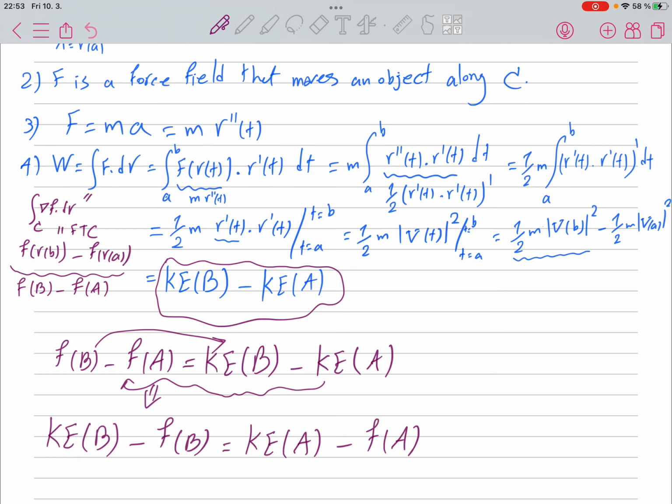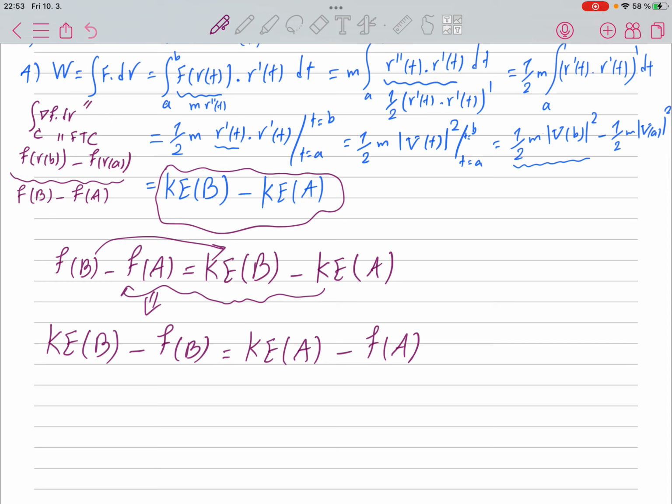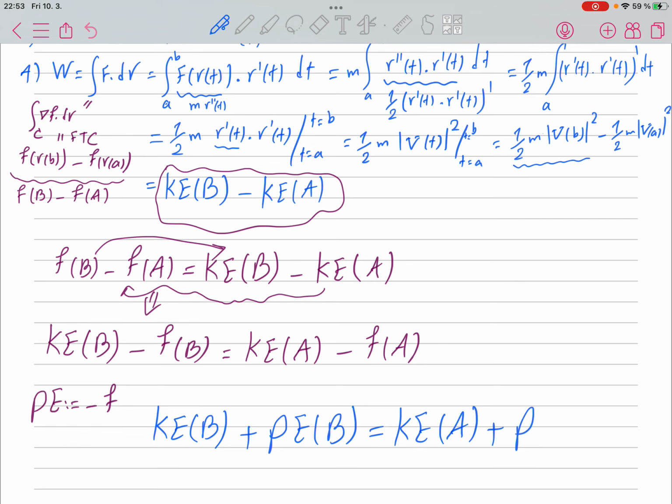Now if I set the potential energy equal to negative f, what we have is this: the kinetic energy at the point b plus the potential energy at the point b is equal to the kinetic energy at the point a plus the potential energy at the point a, right?